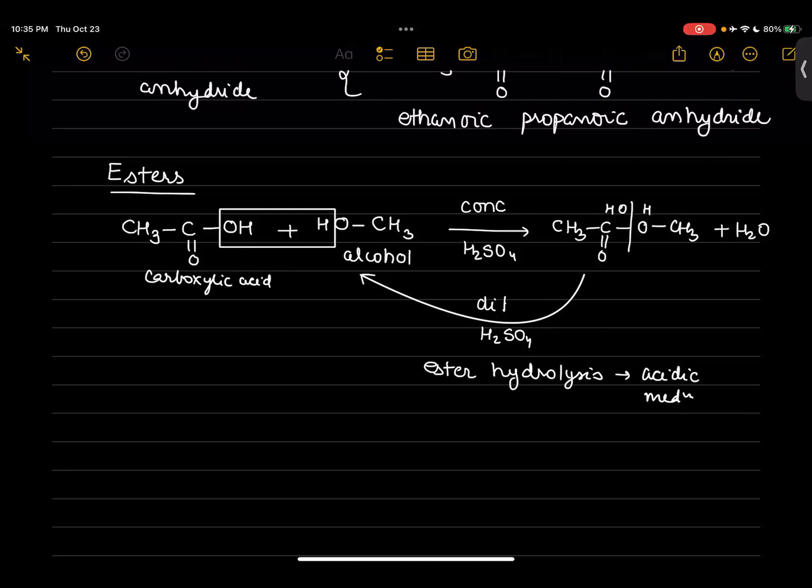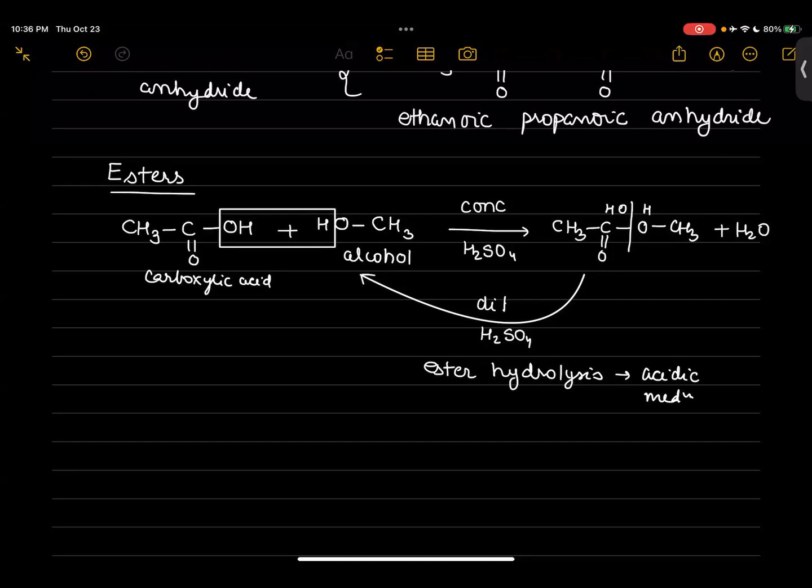So ester can be formed by heating acids and alcohols together. Heating in the presence of acid will remove water from carboxylic acid and alcohol, and you are going to get an ester. If you take dilute acids, the esters are going to break into the corresponding carboxylic acid and the corresponding alcohol.